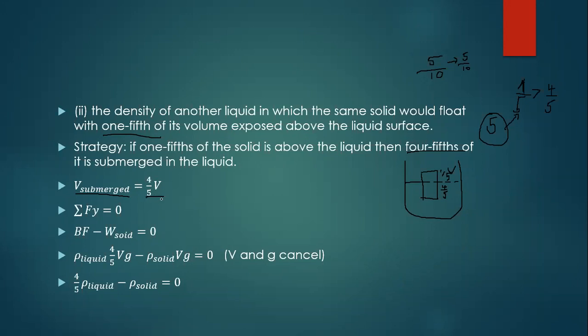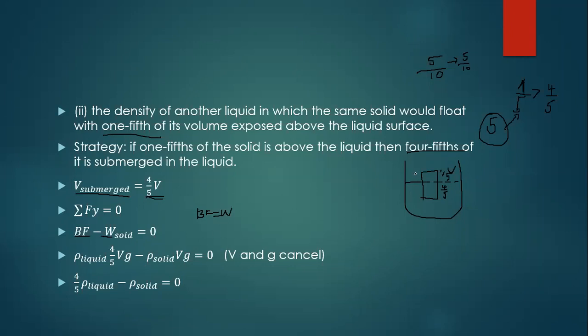So since the volume submerged is 4/5, Simbarashi asked what condition we are going to use to say that the buoyancy force and the weight are equal, because this is the same as saying buoyancy force is equal to the weight. What condition do we need for it to be so?